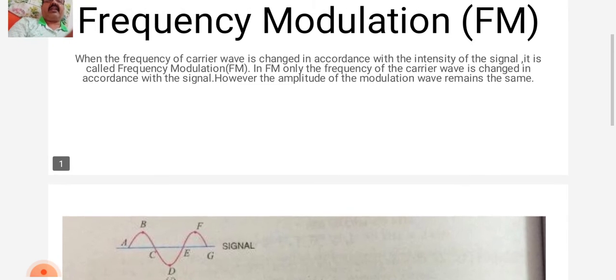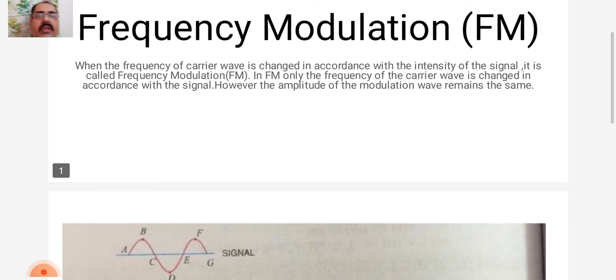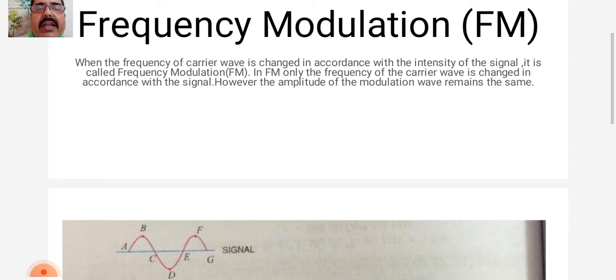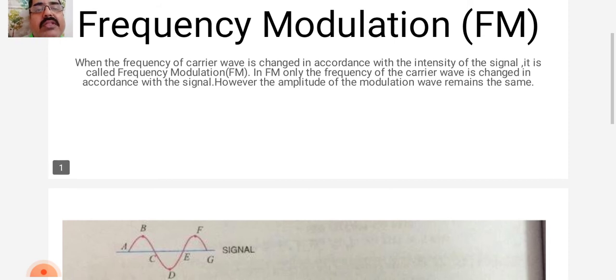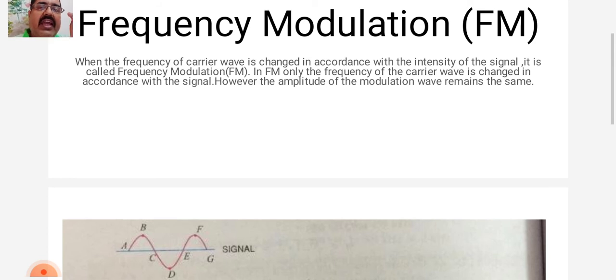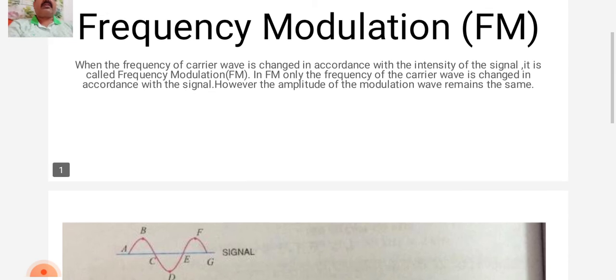There is a half cycle A, B and C, and another half cycle E, F, G, and both are positive cycles, and the peak points we consider at the top of these, at point B and point F. Here you have to observe the negative cycle, C, D and E, and this negative cycle has its maximum peak at point D. On the horizontal line, at points A, C, E and G, at that time the frequency is 0.